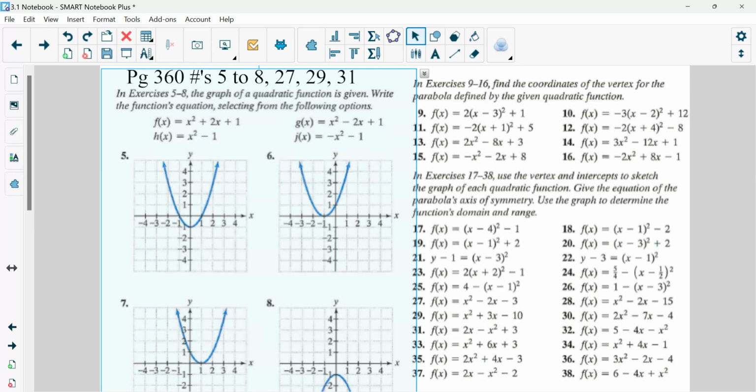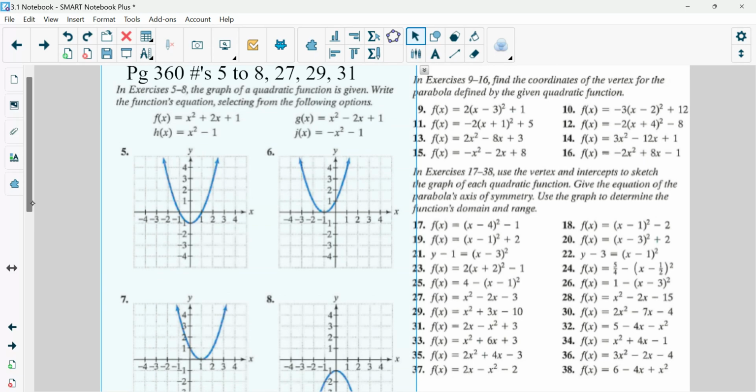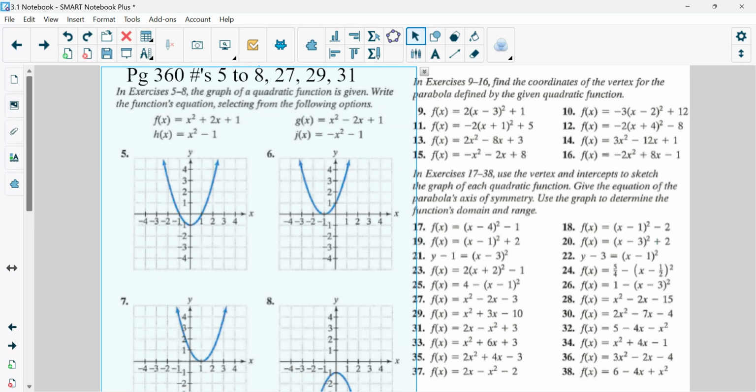So for 5 to 8, these are 4 equations, and each equation matches with one of the graphs. Okay, so there are a couple ways that you could think about how this works, but you can't go off of where the vertex is because they're in standard form. So think about other ways that you could match the graph with the equation. All right, and you have the rest up here to work on that.